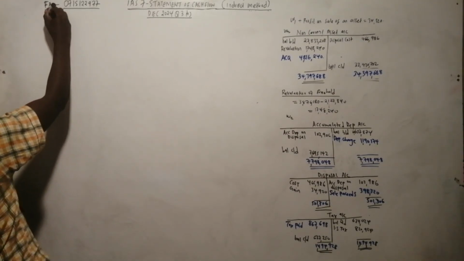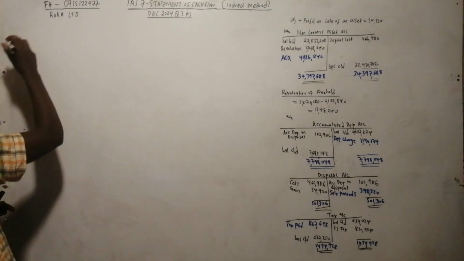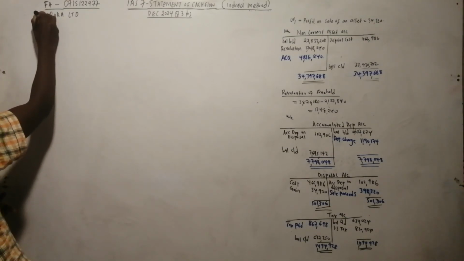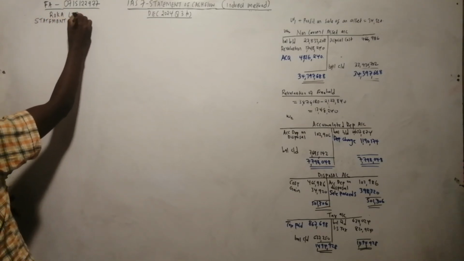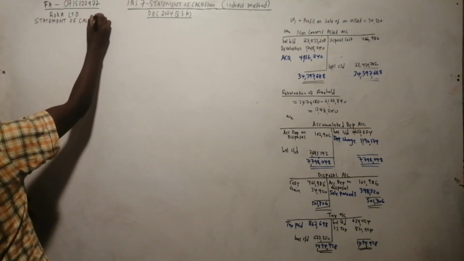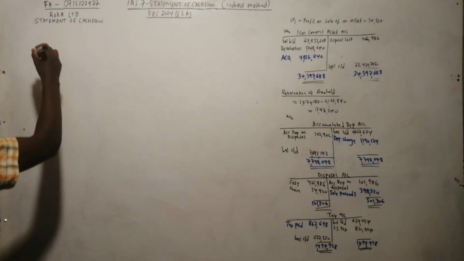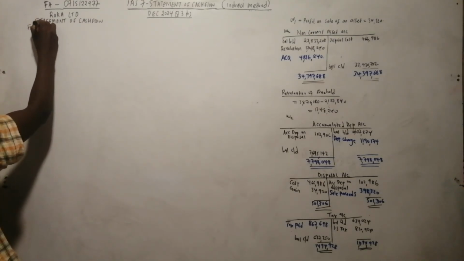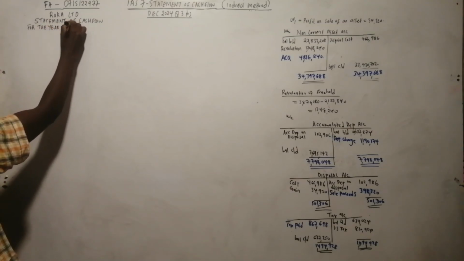So we say Local Ltd, statement of cash flow, for the year ended 31st August 2024.